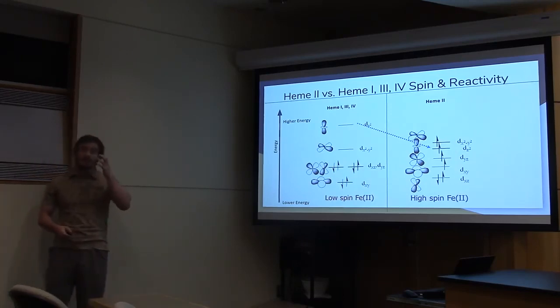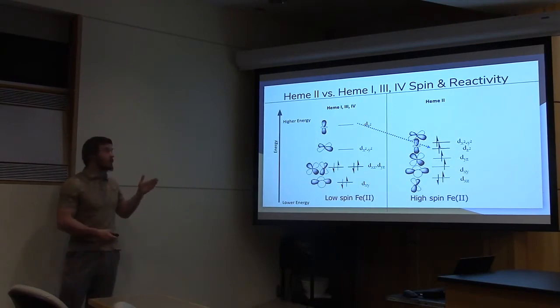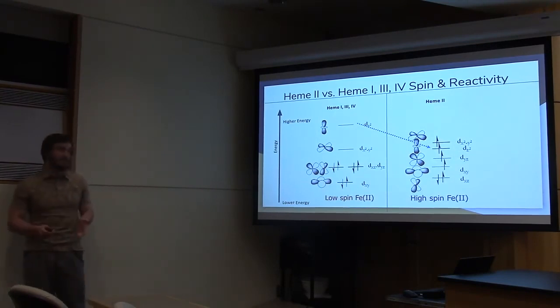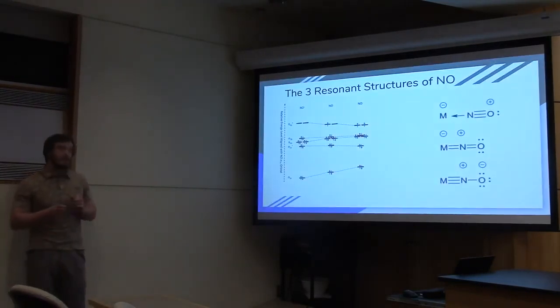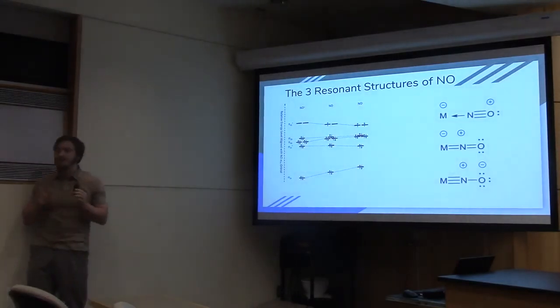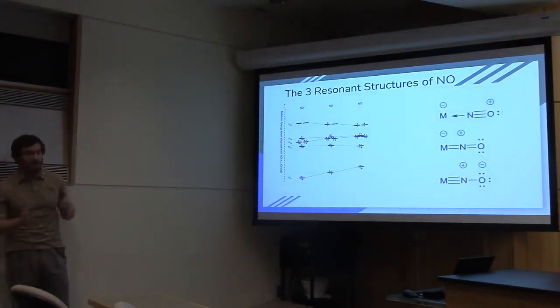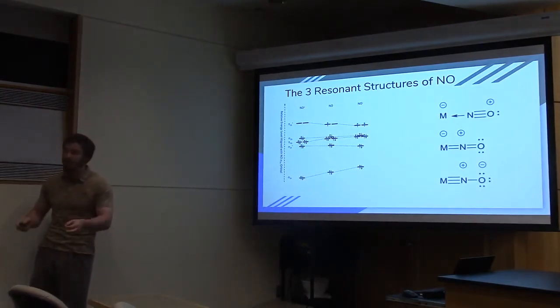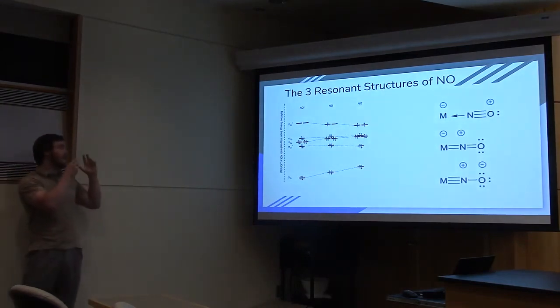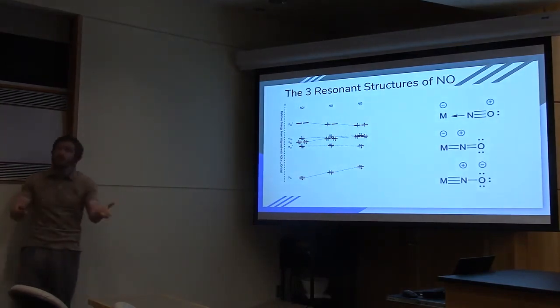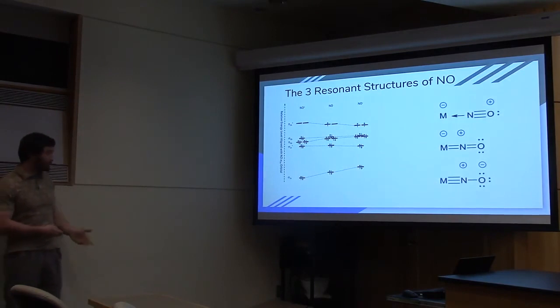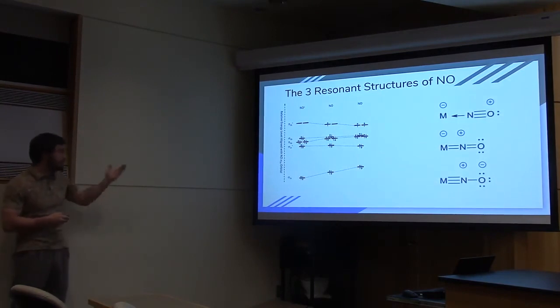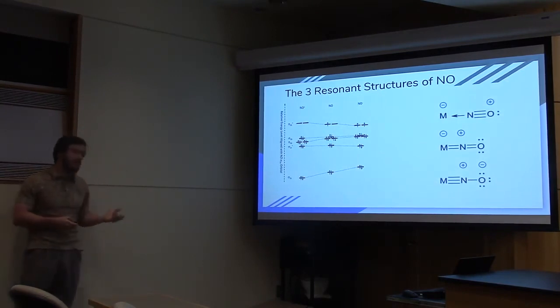And this becomes even more true when we look at the nitric oxide molecule. Nitric oxide, when it is not bound to anything and by itself, is a radical molecule, meaning that it has at least one unpaired electron, as you can see, represented by this electron here.